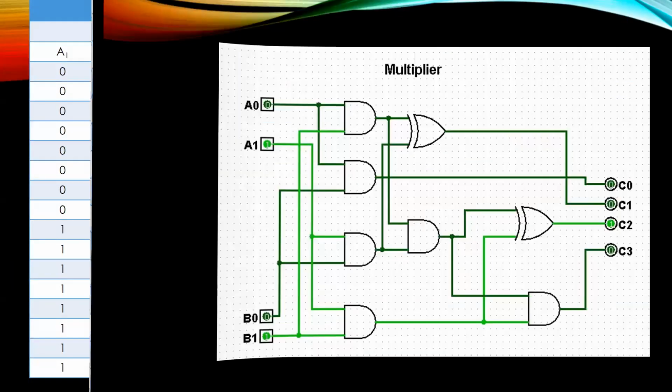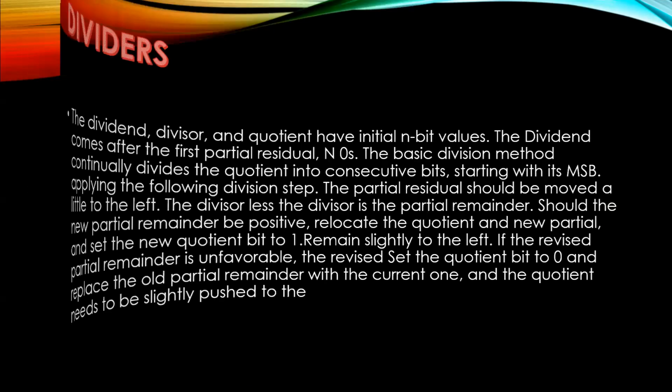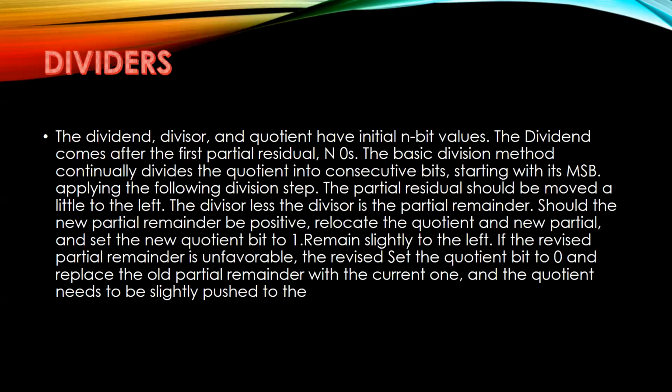Now we want to see the next topic, dividers. The dividend, divisor and quotient have initial n-bit values. The dividend comes after the first partial residual n zeros. The basic division method continually divides the quotient into consecutive bits, starting with its most significant bit.